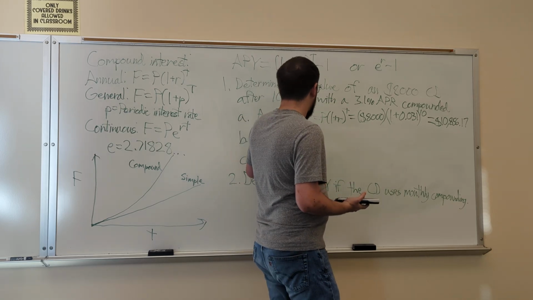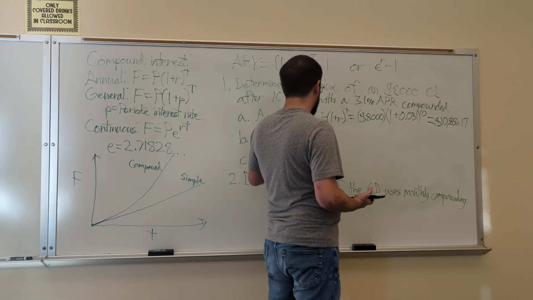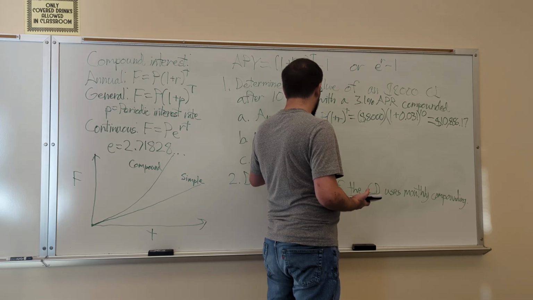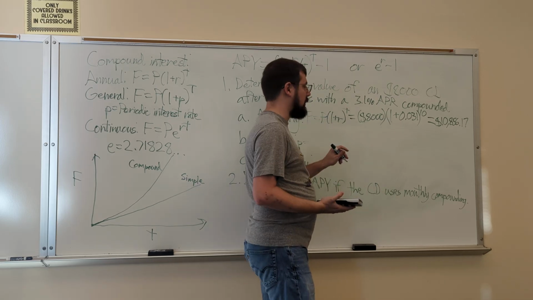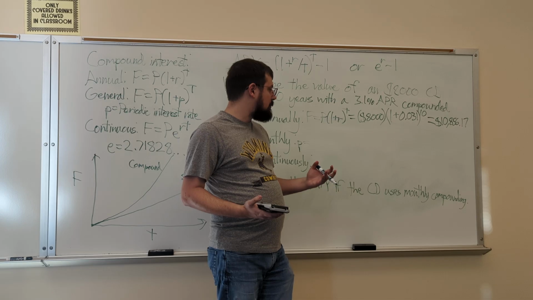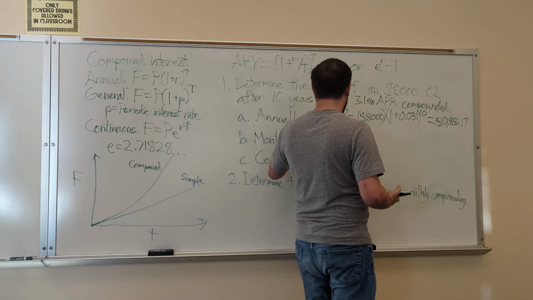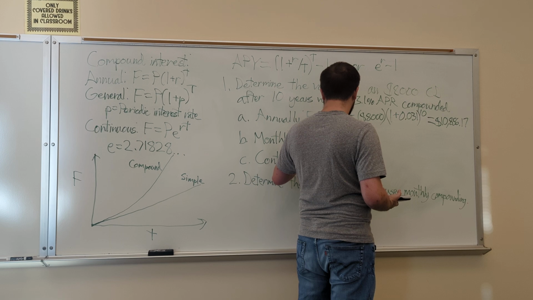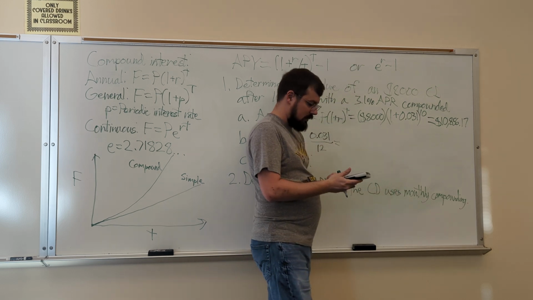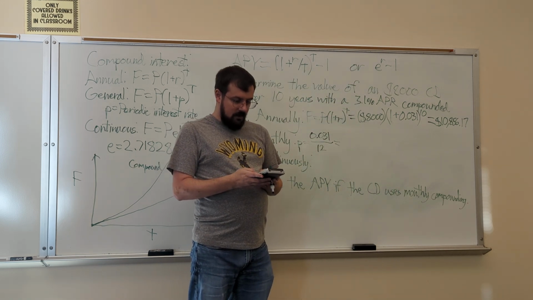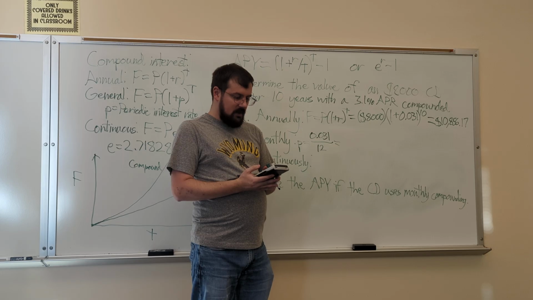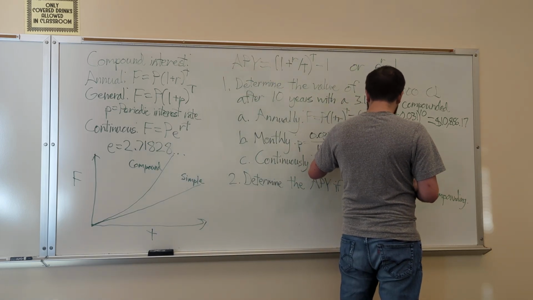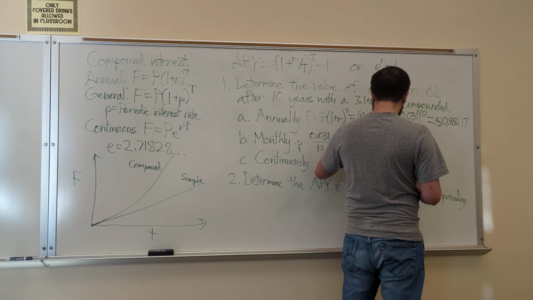So in this case, since we're compounding monthly, that's 12 times per year. So it's going to be our APR of 0.031 divided by 12. So that's going to give us 0.00258.